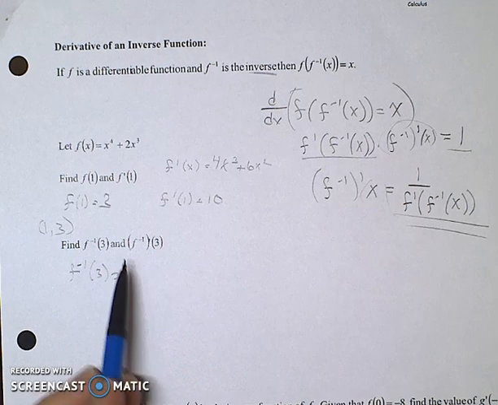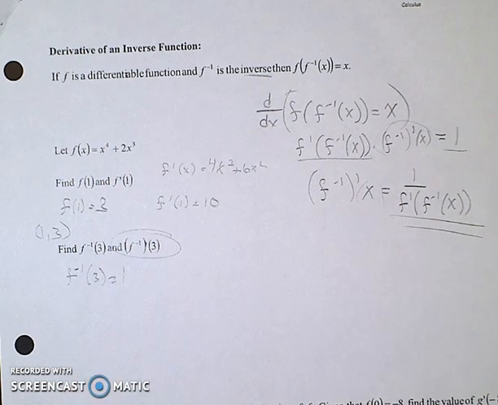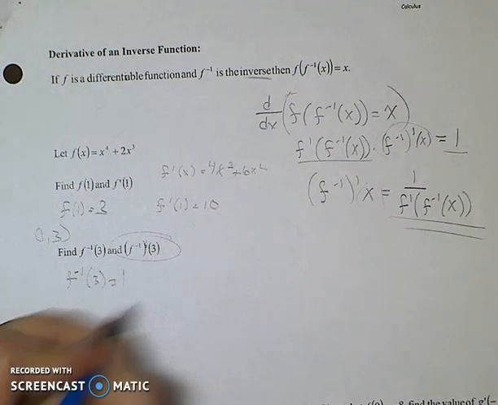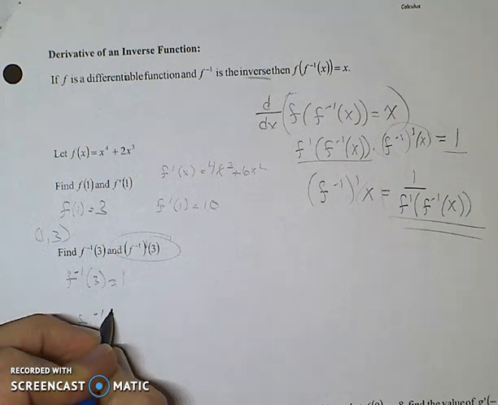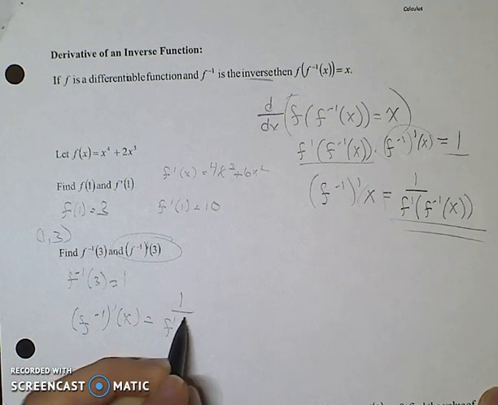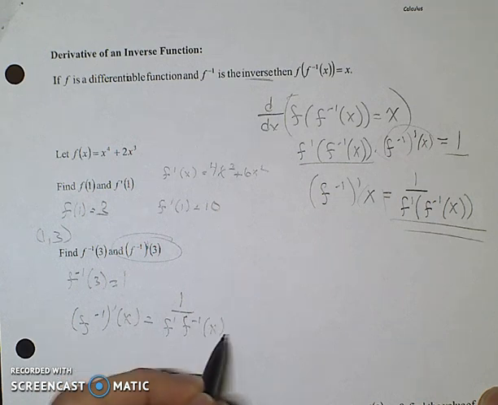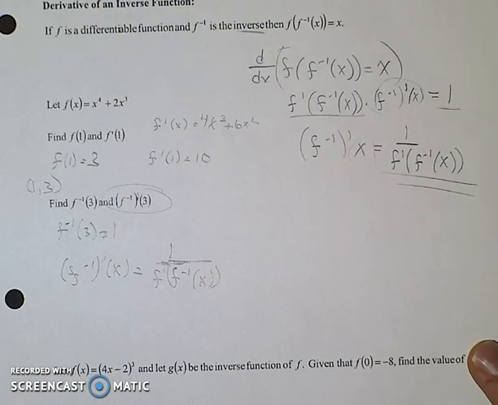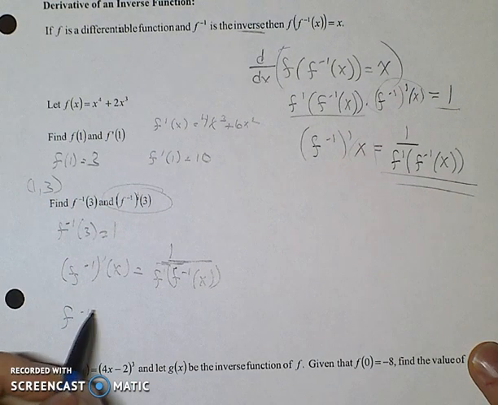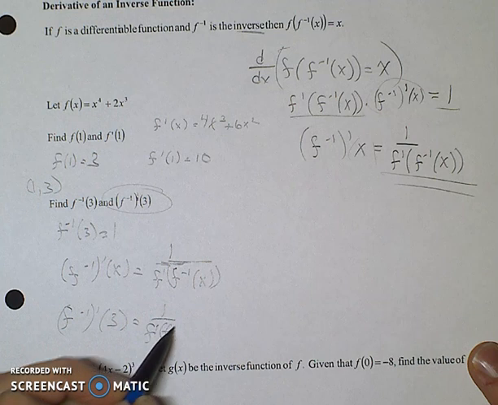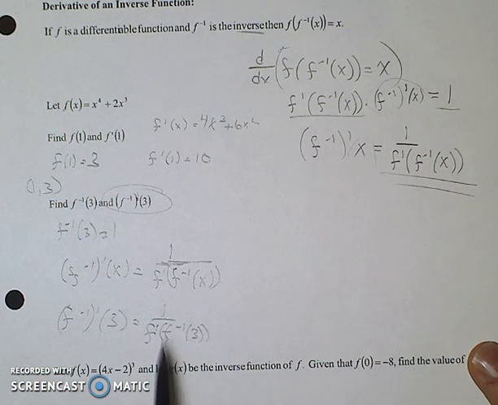And so what we're looking to find is the derivative, and I know you can't see it well, but there is a derivative symbol there. We need to find that. So if we are looking for the derivative of f inverse of x, we know we're going to use this method of 1 over f prime of f inverse of x. If I'm looking for 3 here, do I know what f inverse of 3 is?